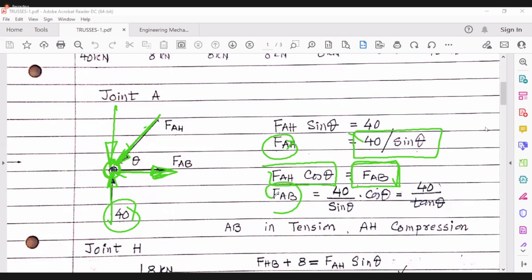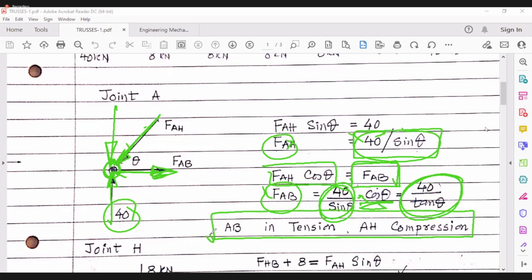So FAB is equal to FAH, which is 40 by sin theta, so 40 by sin theta into cosine theta is equal to 40 by tan theta. And I can conclude that AB is in tension and AH is in compression.